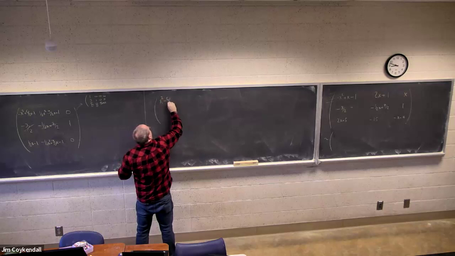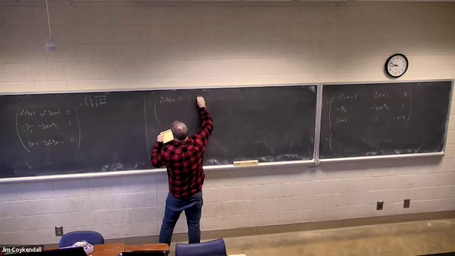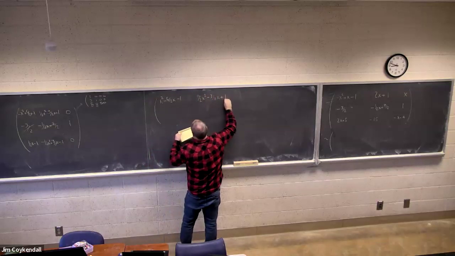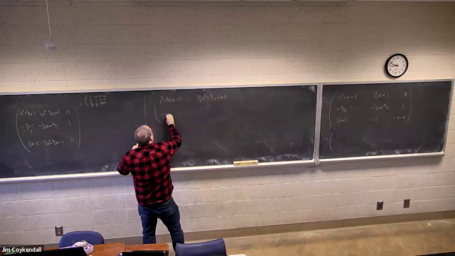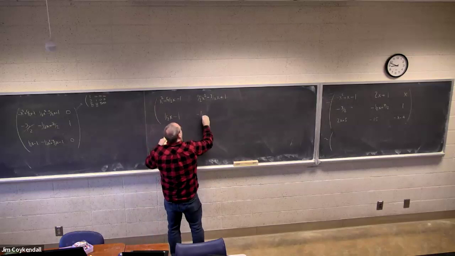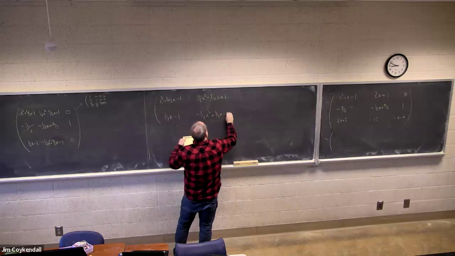X squared minus 5 halves x minus 1. 1/2 x squared minus 3 halves x plus 1, minus 1/2 x minus 1, and minus 1/2 x squared plus 3/2 x minus.